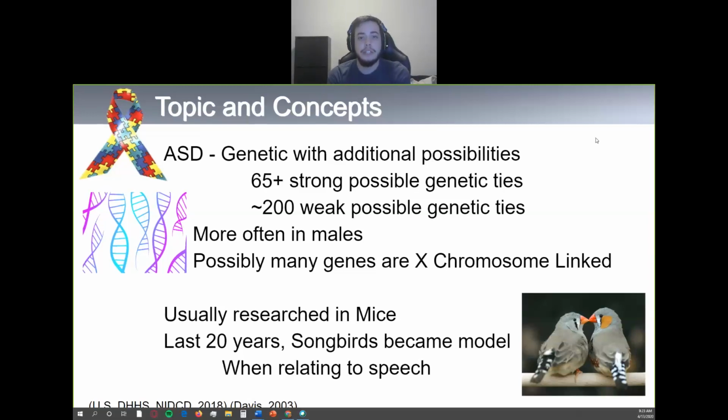Most research attempts to aim at the single gene male cases, more often because they are the easiest to create models and experiments for. Often, mouse models are produced for testing the physical disabilities of ASD. Within the last 20 years, songbirds have been the new model used for testing, but for the linguistic aspects of this disorder.